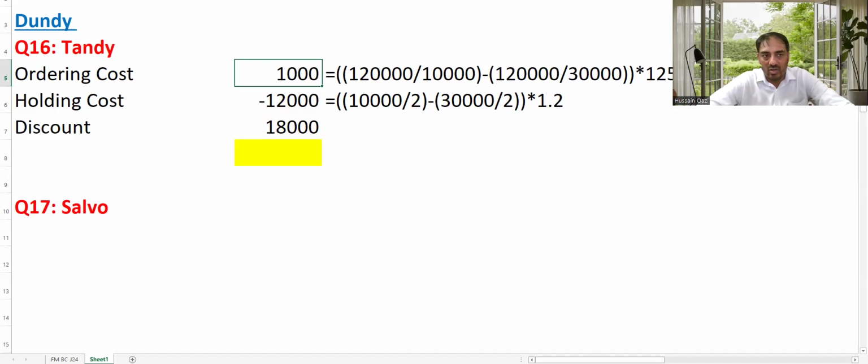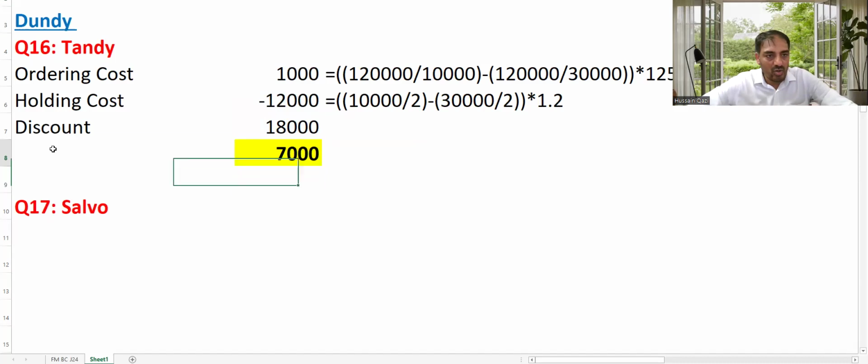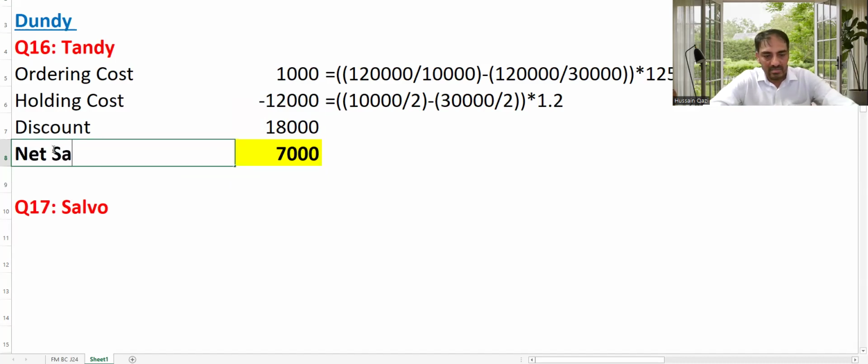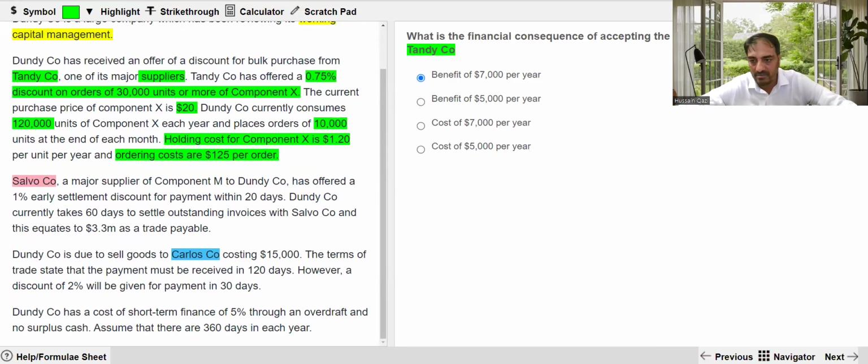So the saving in ordering cost, the increase in holding cost, and the saving from the discount need to be summed, which equals 7,000. That is called the net saving, a benefit of 7,000 per year. That's very simple. The first question we have done. Now the next question.